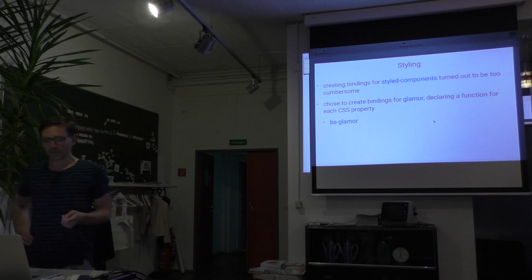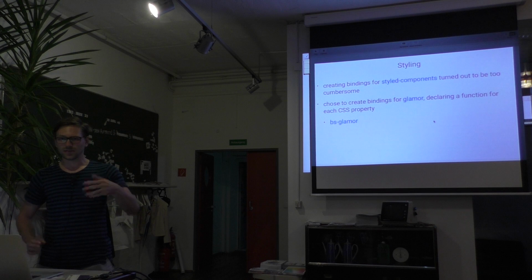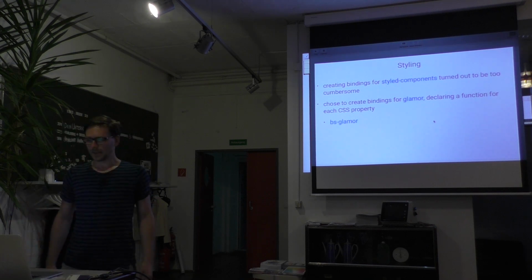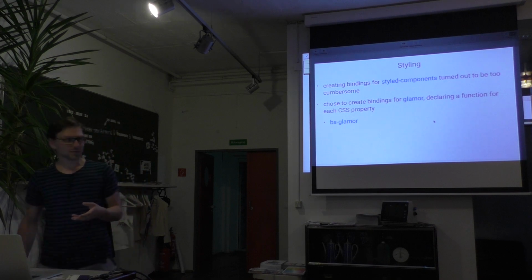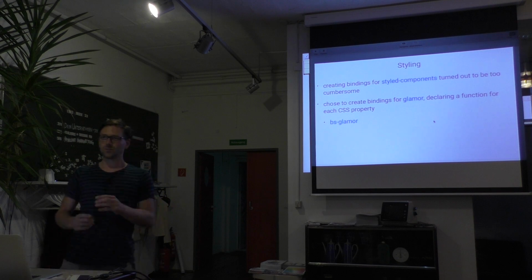But the other problem is that styled components, of course, makes heavy use of tagged template literals in JavaScript. And there is something similar in BuckleScript. The only problem is it only works with pure string values as far as I've seen.